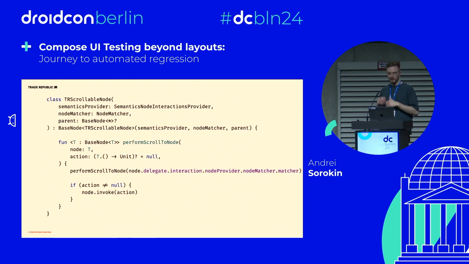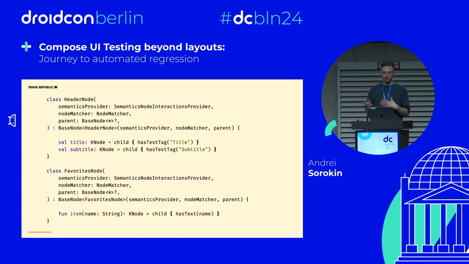So there is a way in Kakao to scroll, but you would have to have a lazy item provider or something, and then you would have to match it by index. And actually, the Compose test rule provides this performScrollToNode using a matcher. So here you have to write a hacky way to get the matcher from Kakao and then pass it there, but it works really well, and I think much easier than a provider would.